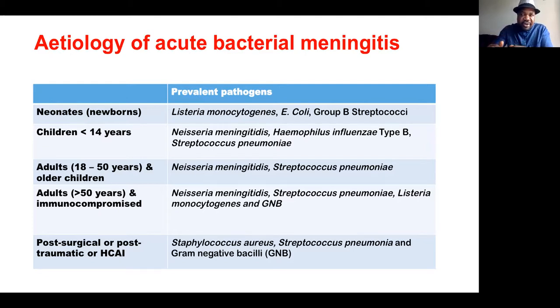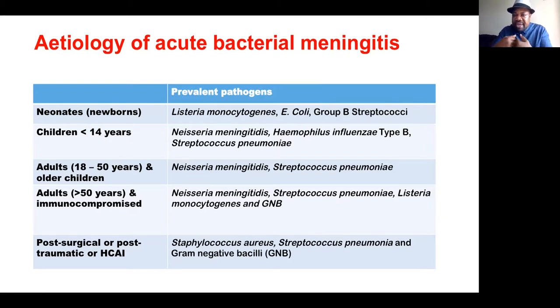But among children, especially children below 14 years of age, you can suspect Neisseria meningitidis, Haemophilus influenzae, mainly type B, and Streptococcus pneumoniae. So those are the commonest pathogens for children below 14 years. This epidemiological picture can also change according to the immunization history of the child.